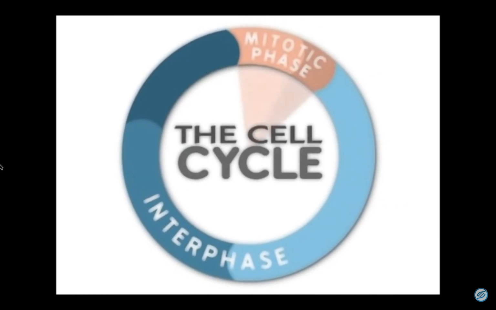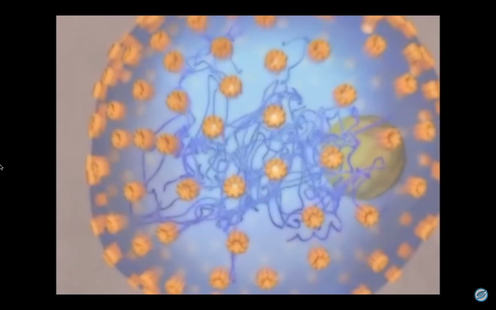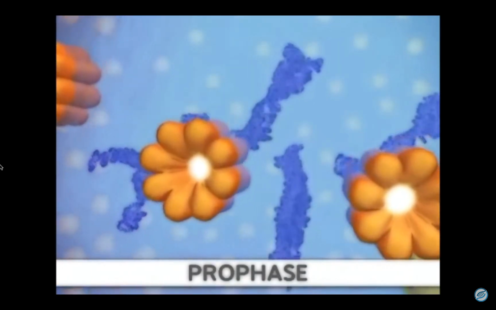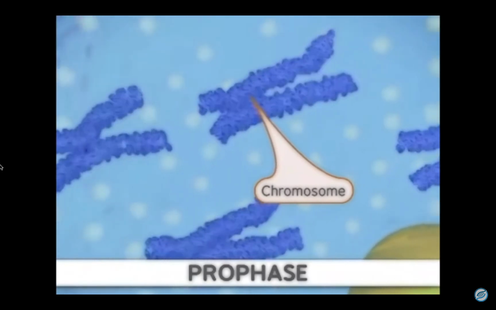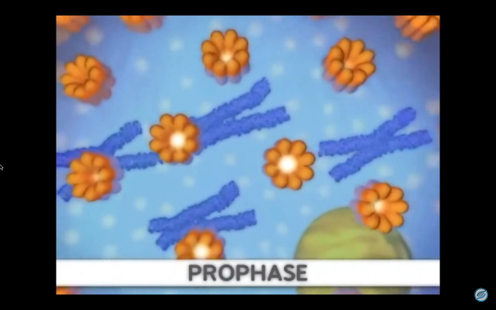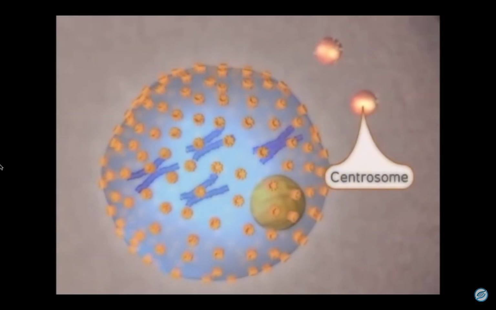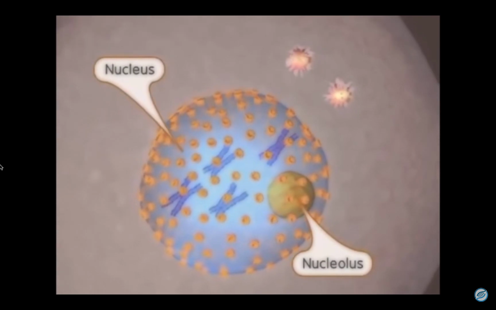For a typical eukaryotic cell, this will last about 80 minutes. During the first stage of mitosis, called prophase, we first see the classic chromosome structure. This occurs through a condensation process. At the same time, protein strands called microtubules appear from the centrosomes in animals. Finally, a structure found within the nucleus, the nucleolus, disappears.